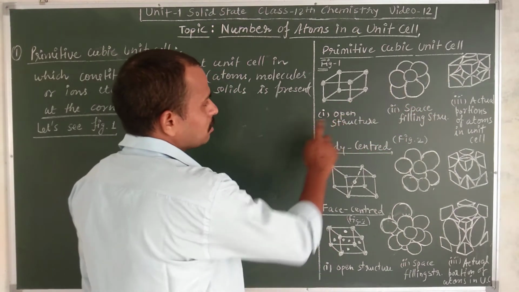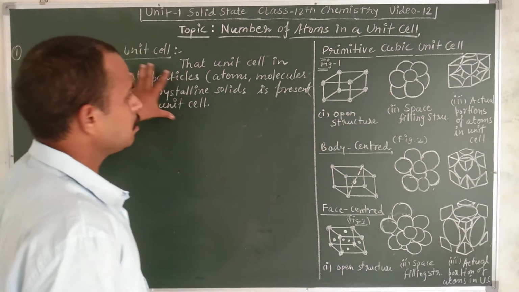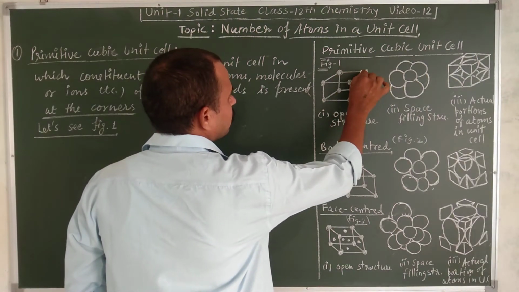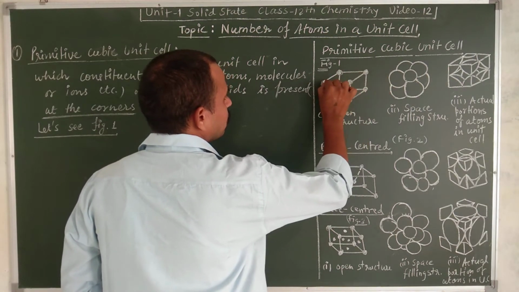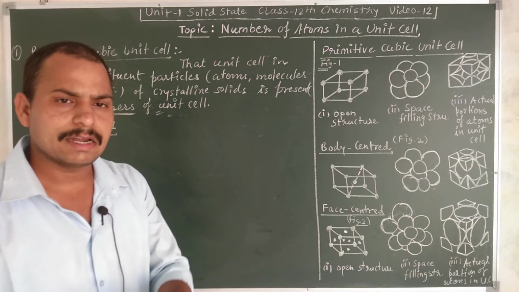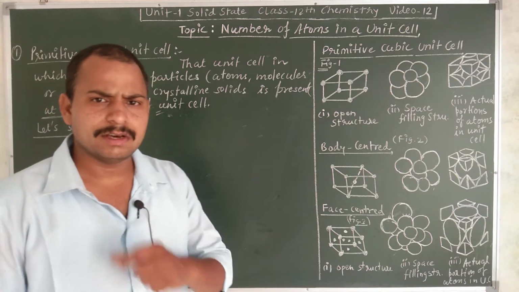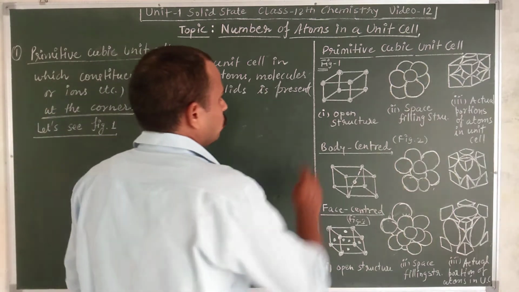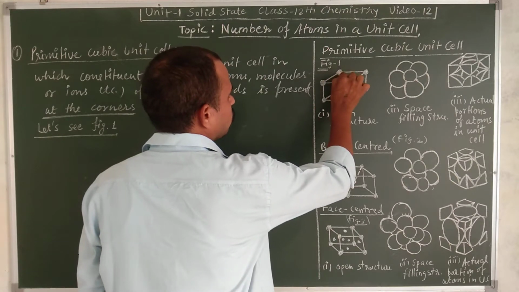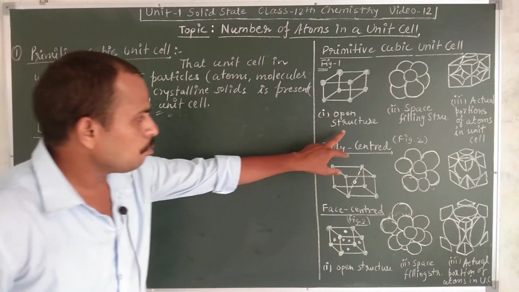First is the open structure. So this is the open structure of the primitive unit cell, and this shows the nucleus of the atoms, which can be of molecules or ions. So this is the nucleus of the atoms, and this is the open structure.